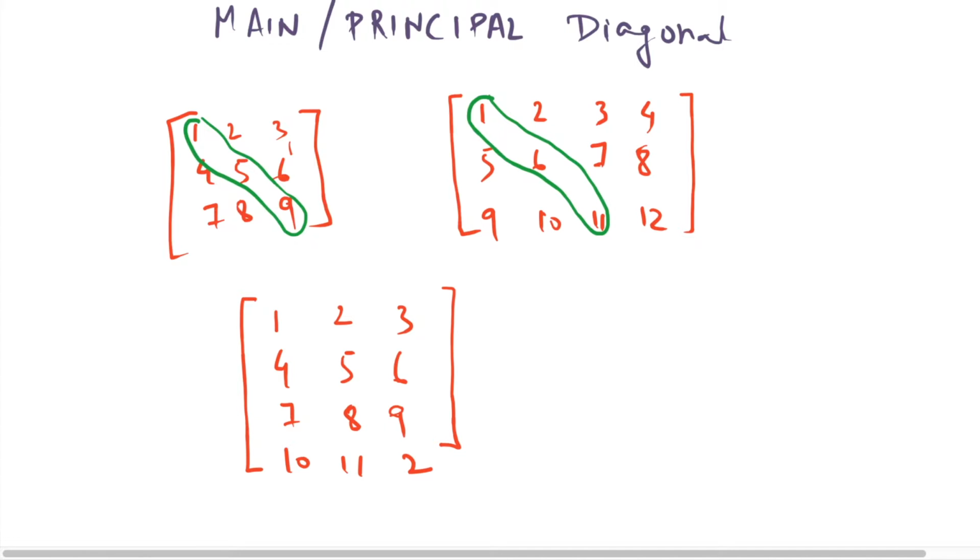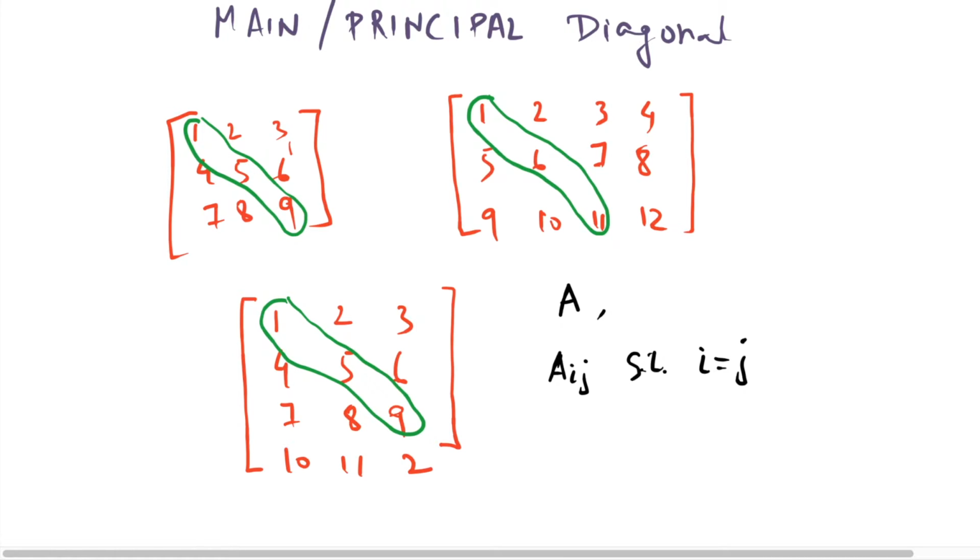The principal or main diagonal of this matrix would be the elements 1, 5, and 9. So, more formally speaking, the main diagonal of a matrix, say A, is the collection of entries Aij such that i is equal to j. This definition is straight from Wikipedia.